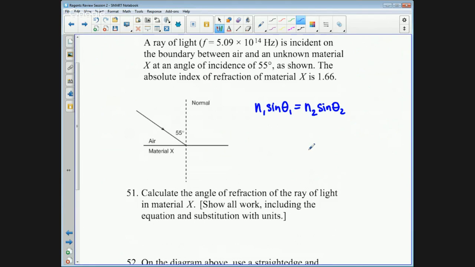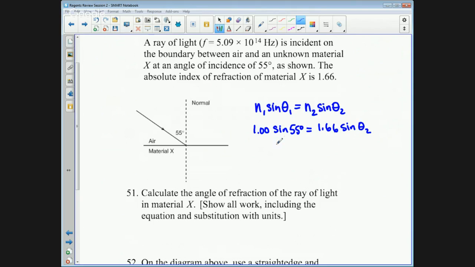n1 is air, so that's 1. Theta 1 is 55 degrees. n2 is 1.66, and we're solving for sine theta 2. So in order to figure this out, we're going to divide by 1.66.